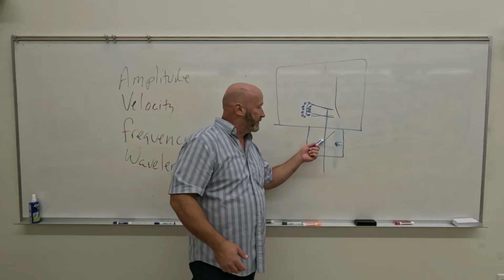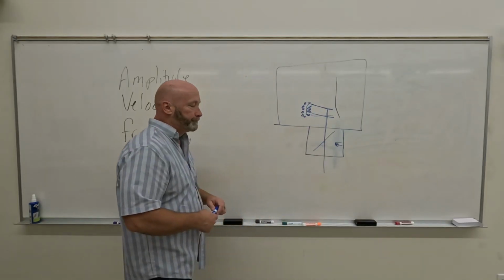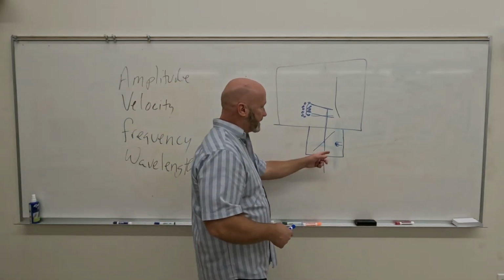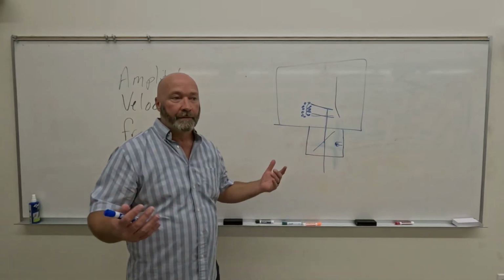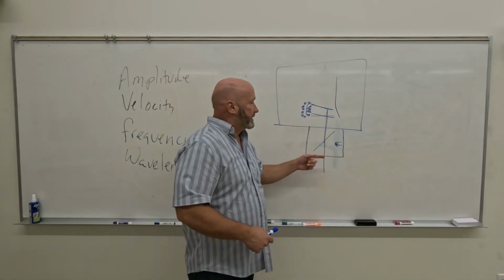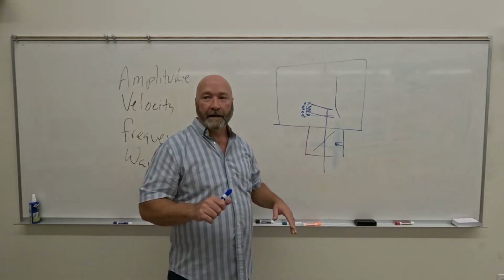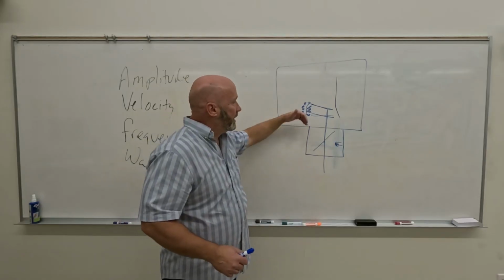So we have a light field that's projected that should directly match our radiation field, okay? That's why the distance has to be the same. If the light was over here, then we would have a different divergence and it wouldn't be accurate. So the distance has to be identical, and that mirror has to be on a perfect 45-degree angle, okay? So we'll hit on that again later in the semester.